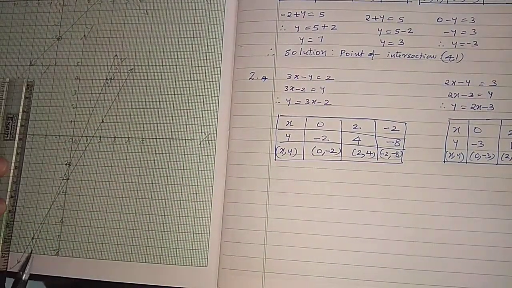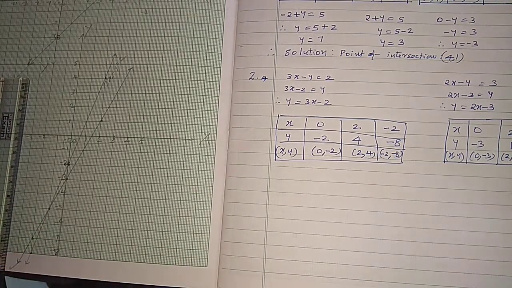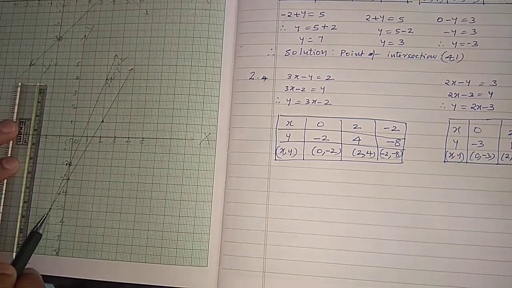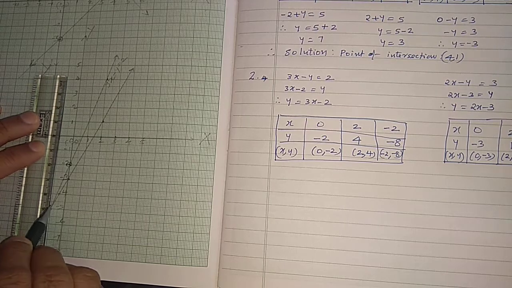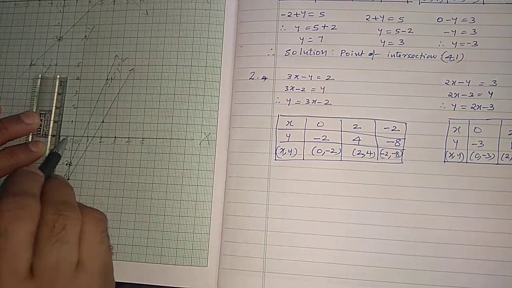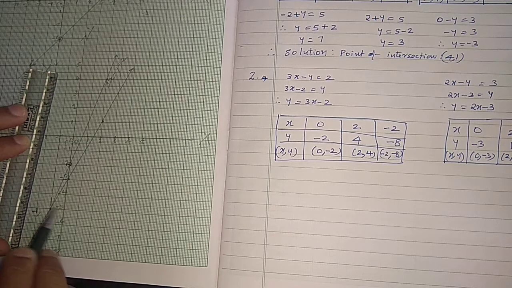Where these two straight lines are intersecting, here. The two lines are intersecting; that point of intersection is the solution. X value from here, we go and see. We go to the x-axis from here. It meets at minus 1. So it is minus 1 comma y is minus 5.